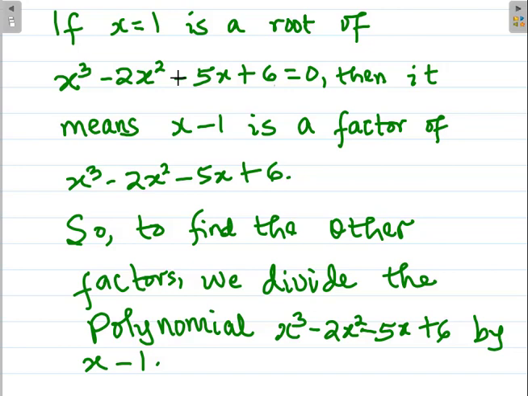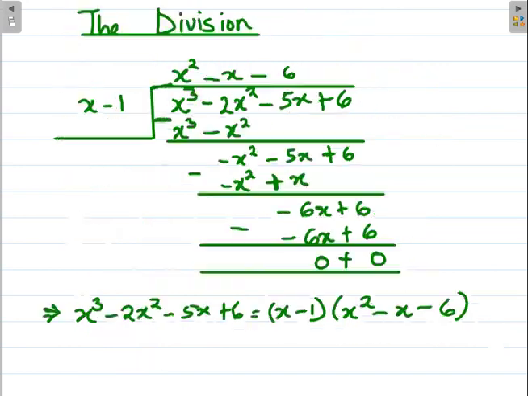So to find the other factors so we can solve that polynomial, we need to divide the polynomial x to the power of 3 minus 2x squared minus 5x plus 6 by x minus 1. So we're going to go into polynomial division so as to arrive at the other factors and then find the other roots of the equation.